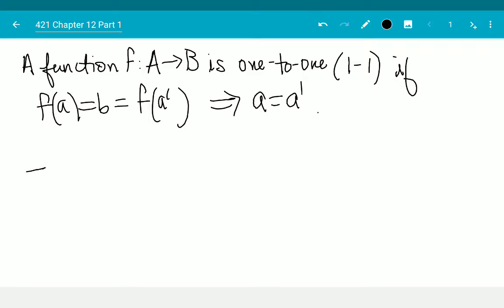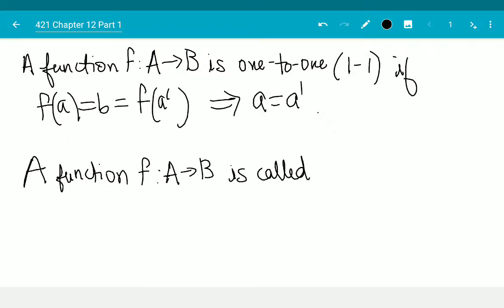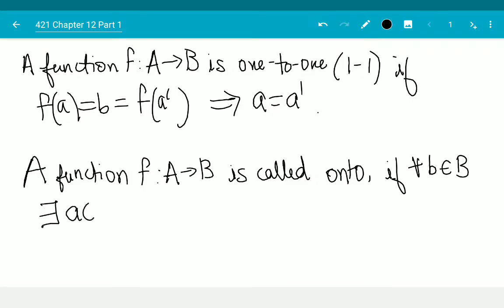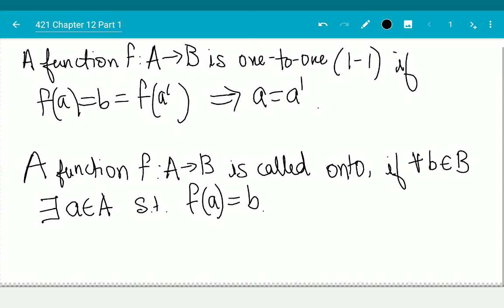A function f from A to B is called onto if for every b in B there exists an a in A such that f(a) = b, right?